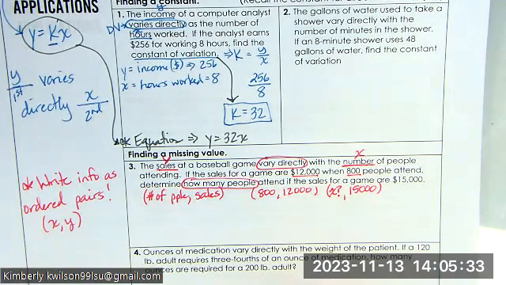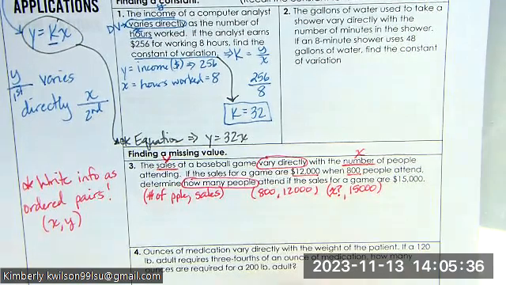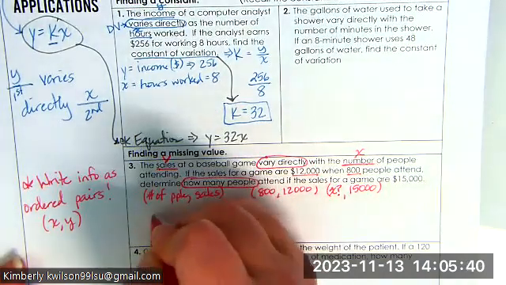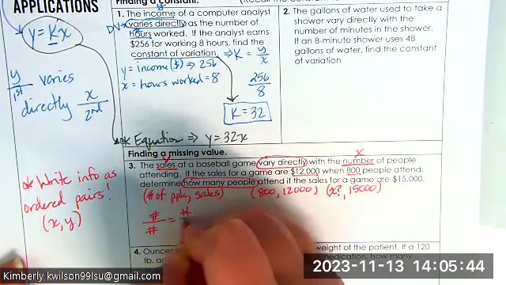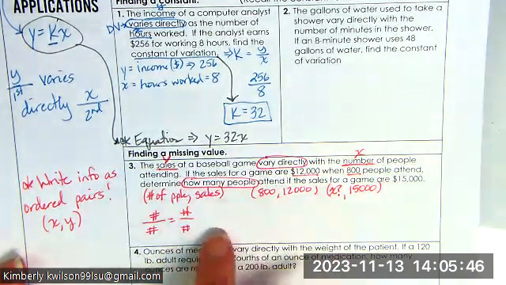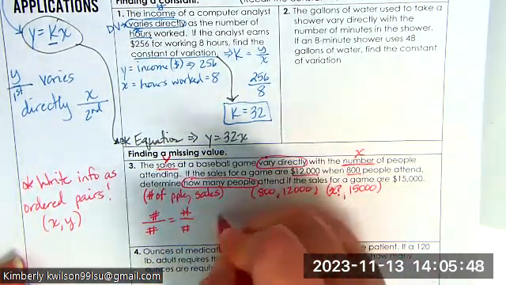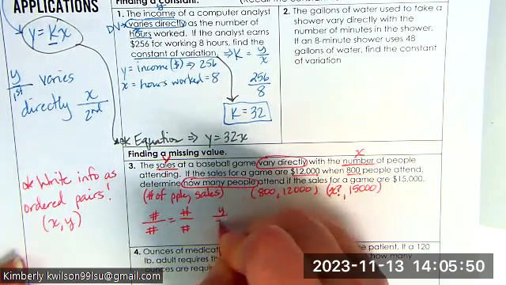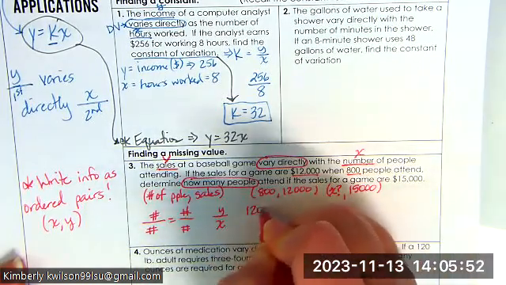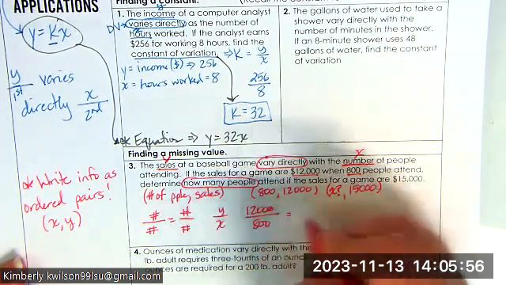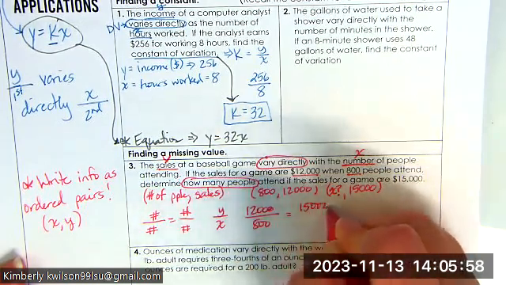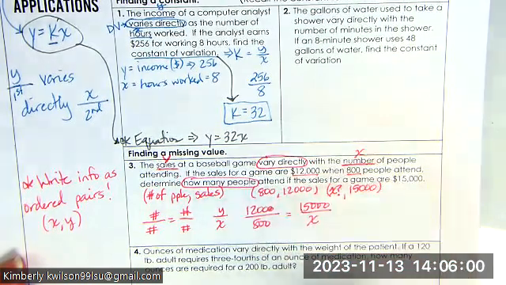Remember that these are ratios. It's a proportional relationship when it's direct variation. So that means I can set it up like some number over some number equals some number over some number. It's always y over x. So we're going to have 12,000 over 800 equals 15,000 over x.